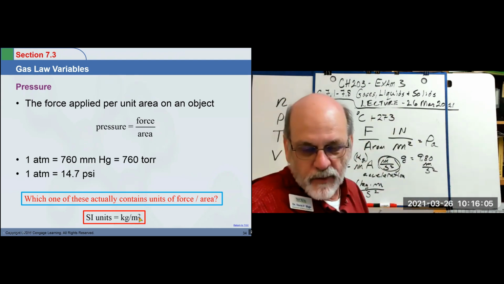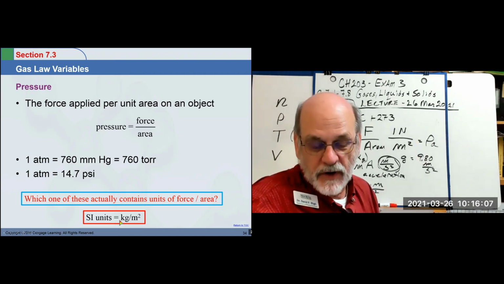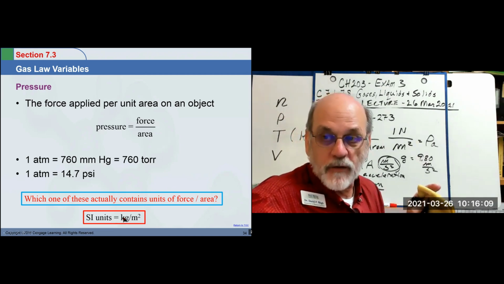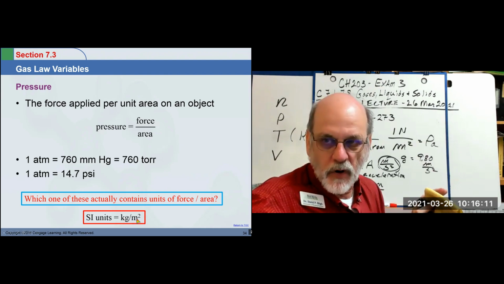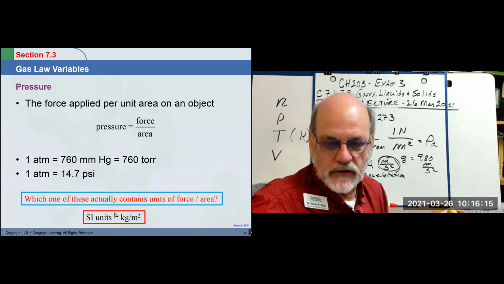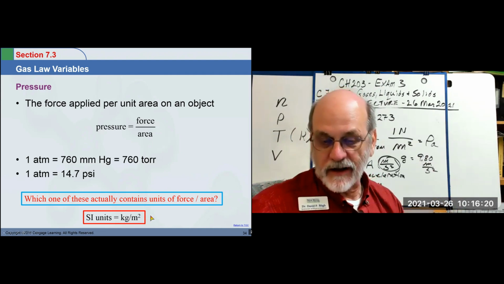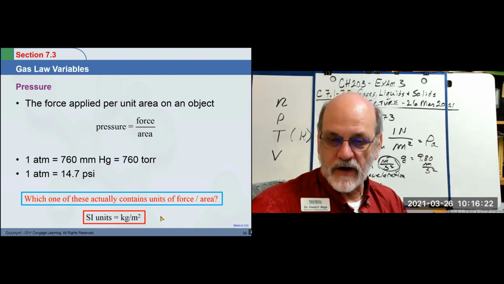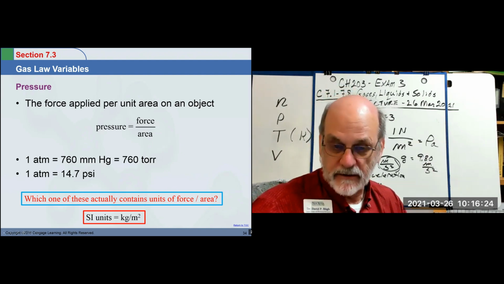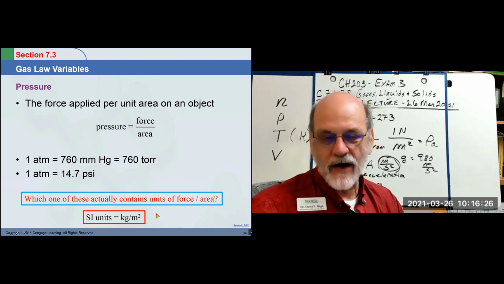When it says kilogram per meter squared, that's not accurate, because in order to be force per unit area, you can't use kilograms. You must use newtons. But it's still a valid expression, kilograms per meter squared. And if you're on the surface of the Earth, then the kilograms are constant, and you can use it in calculation.